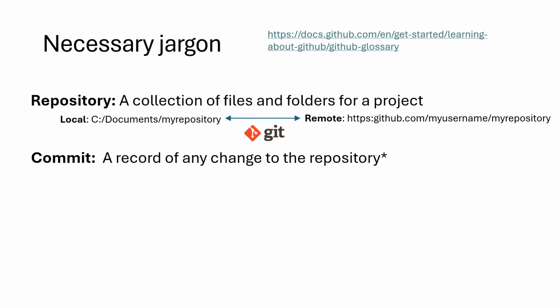And then a commit is just a record of a change to the repository. I put an asterisk there because there's a caveat that we'll get into later where Git might ignore some stuff. But generally, if you make a significant change, you will make a commit, which comes with a message.